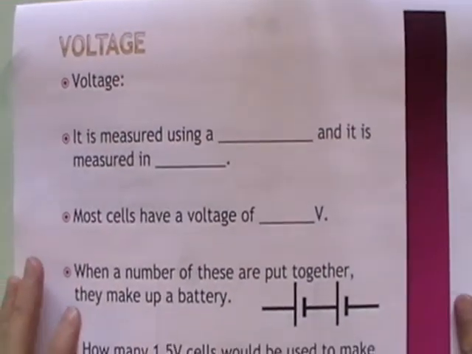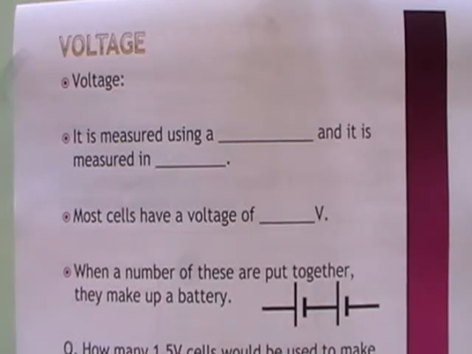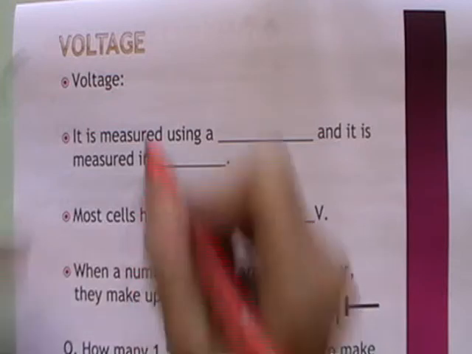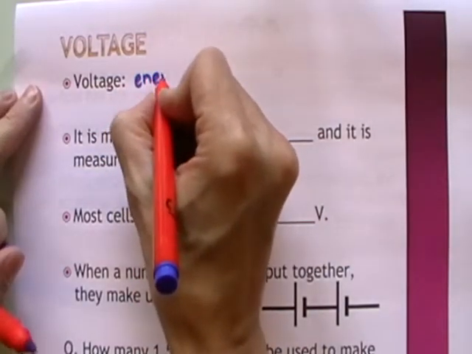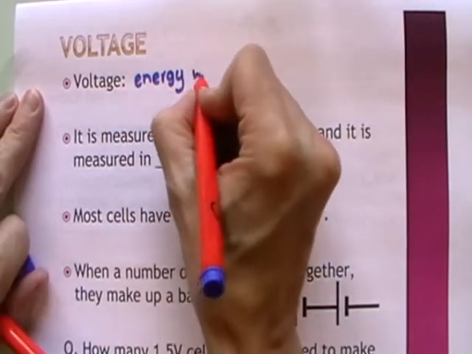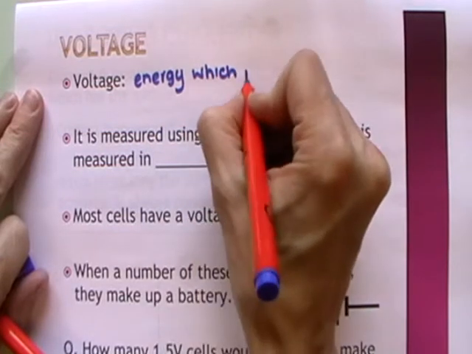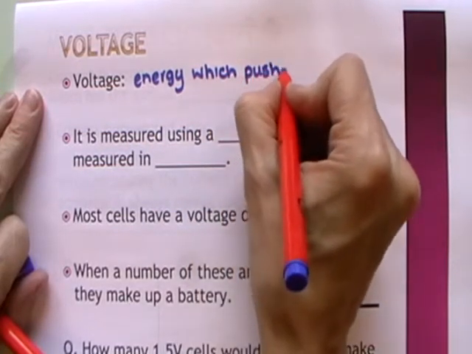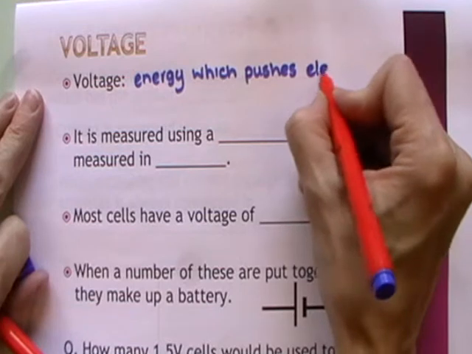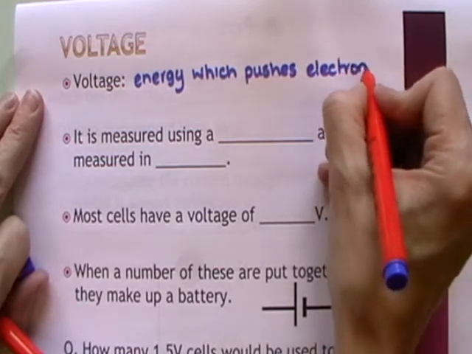Okay, now any battery or cell that you connect into a circuit has a voltage, and the voltage is the energy which pushes electrons or current around a circuit.